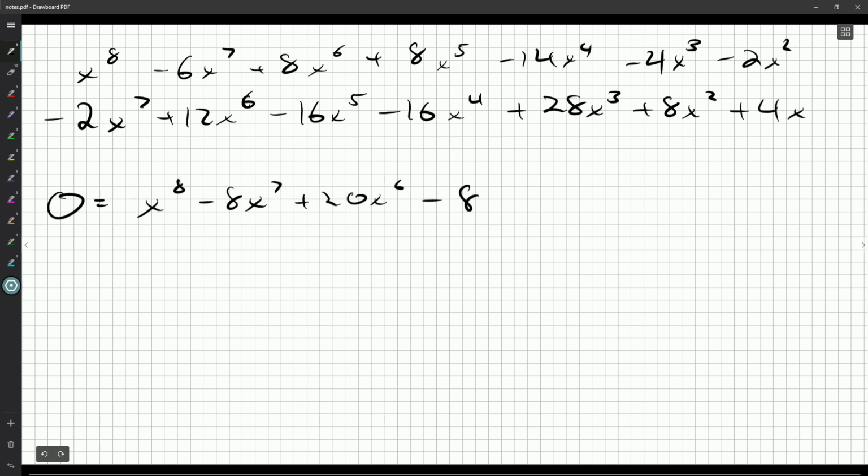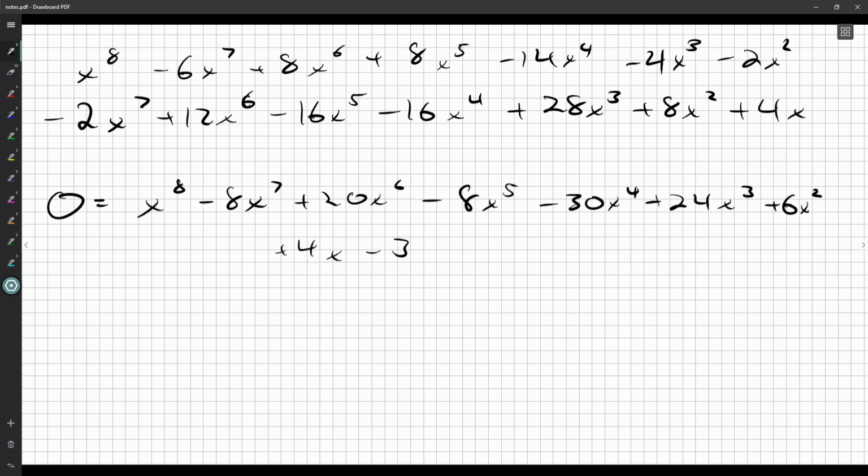Yeah, there's no way anyone's going to factor this. I think even knowing the answer, I'll somehow screw this up. Plus 4x, and then the minus 3 would come over. Okay? I suppose you could realize 1 is a root.